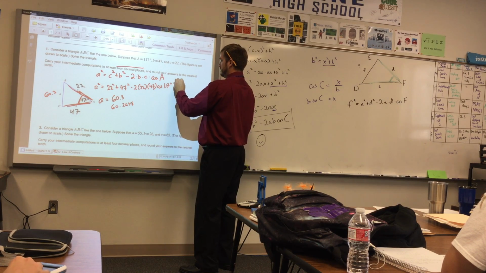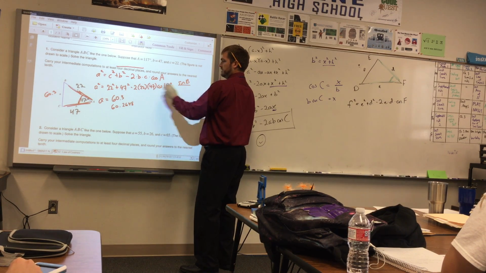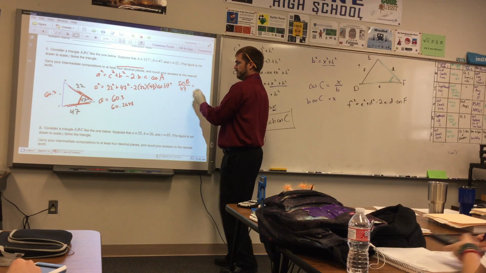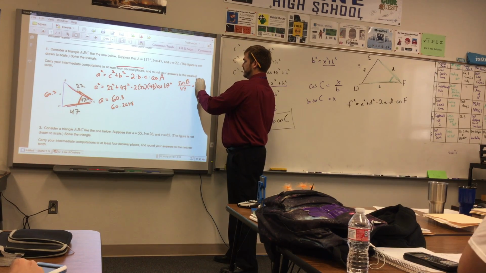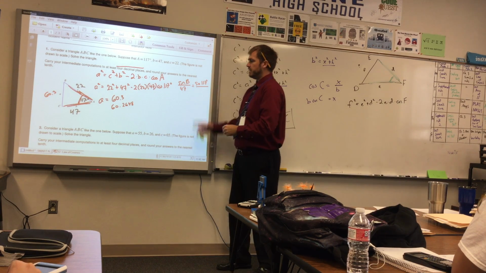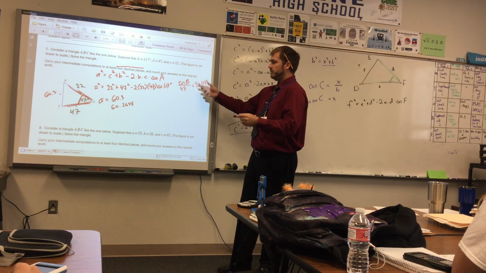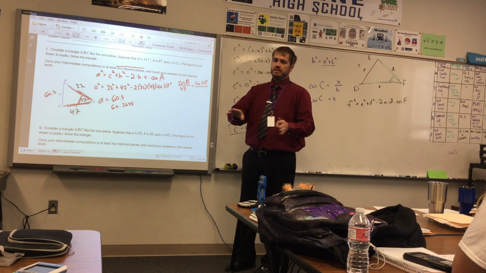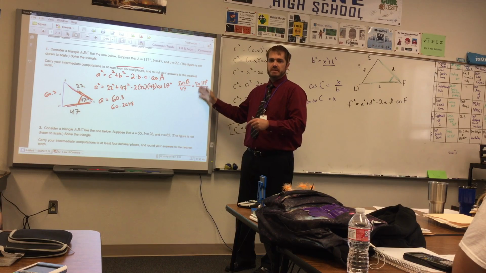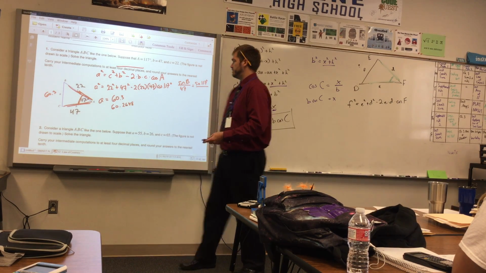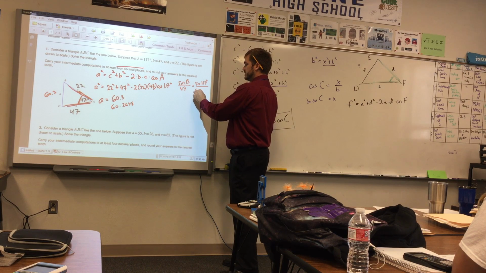We can say sine of B over little b, which is 47, equals sine of 117 over, and this is where your intermediate calculations matter. On your paper you could put 60.3 or you could write 60.2648, and your calculator uses as many digits, as much precision as possible. 60.2648.